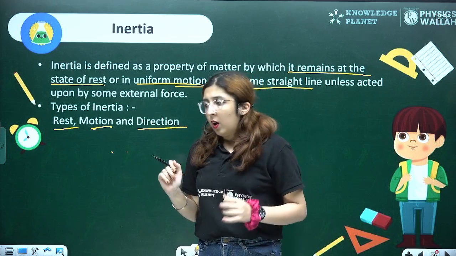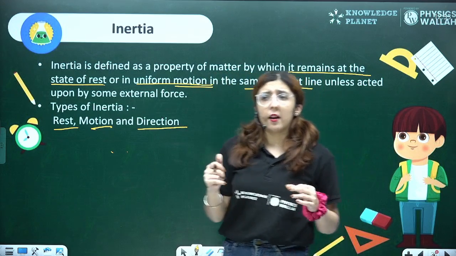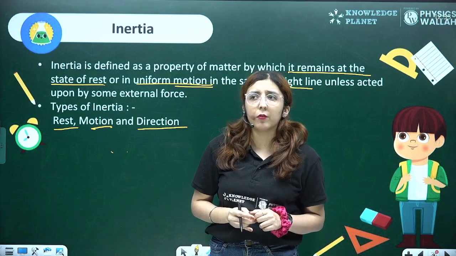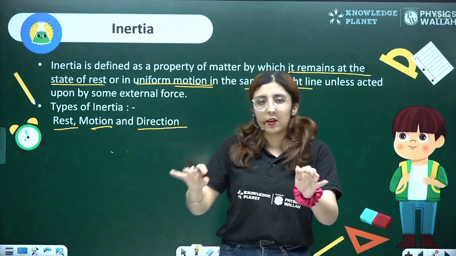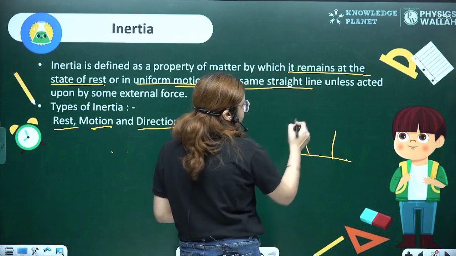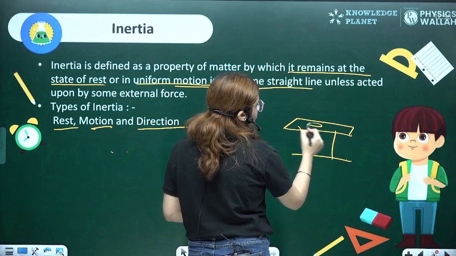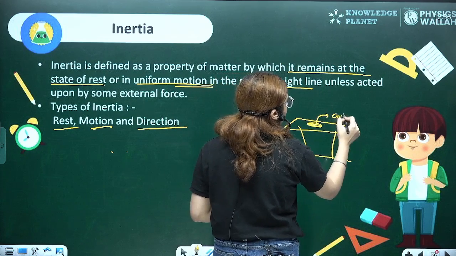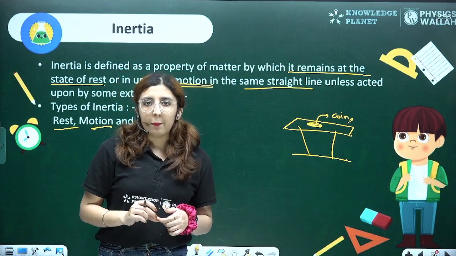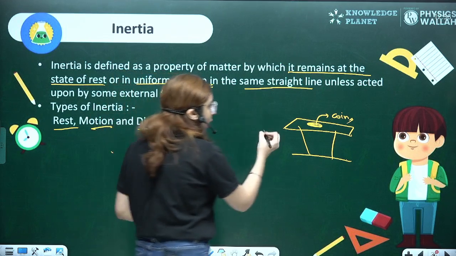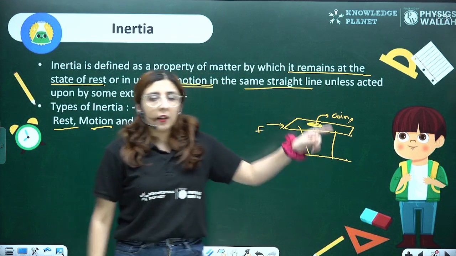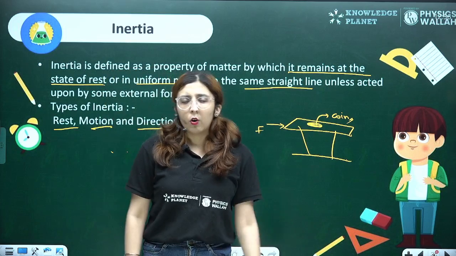When I am talking about inertia of a body at rest, let us take an example. You are traveling in a car, or one more easy example: a glass with a card and a coin on it. I believe you have seen this example in the book also. When you flick the card, applying force on it, the card moves away and the coin drops down. Why is the coin not moving far away?